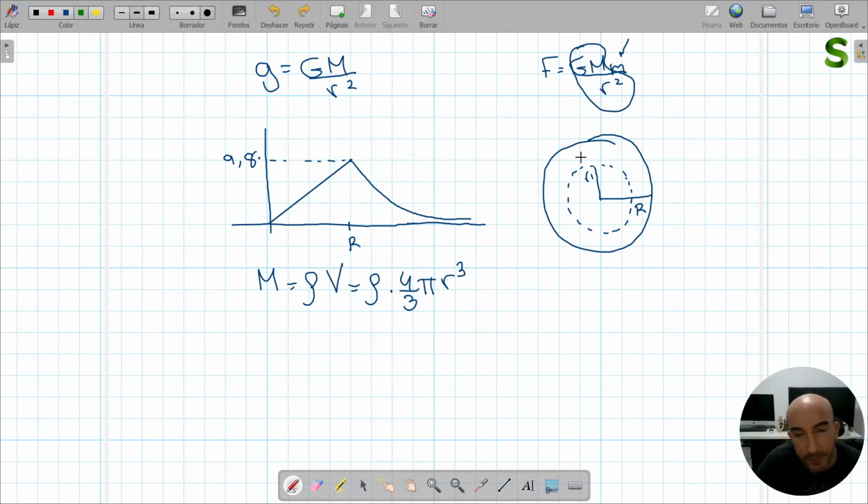So to know what's the gravitational field inside of this green sphere that we have over there, we can substitute in the formula, and instead of m, I'm going to use density times 4/3 pi r cubed, so that's g equals G times density times 4/3 pi r cubed divided by r squared.